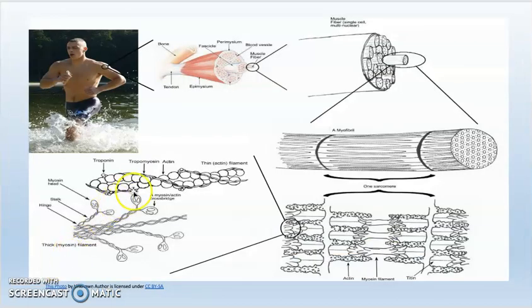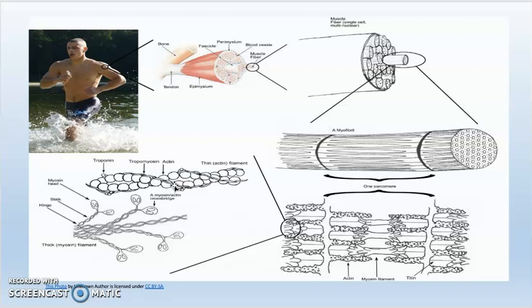Here we go. Let's see, the actin molecule has troponin and tropomyosin. The protein tropomyosin, as you see, covers the myosin binding sites of the actin filament in the muscle cell or muscle fiber. For a muscle cell to contract, tropomyosin must be moved to uncover the binding sites of the actin.